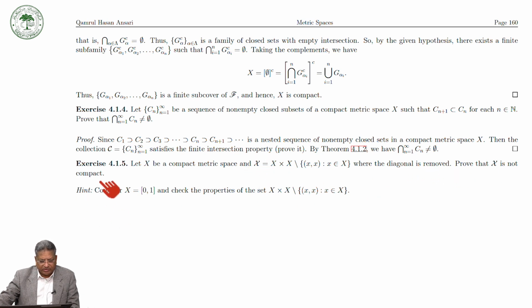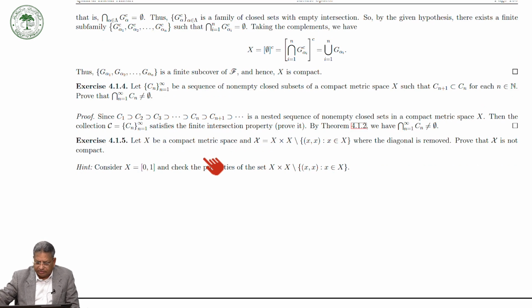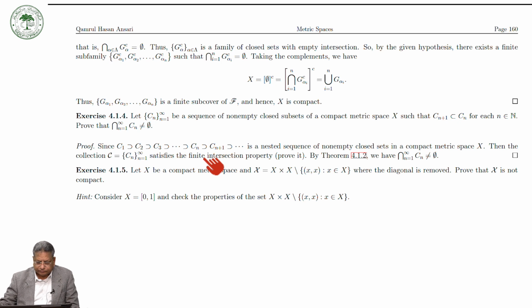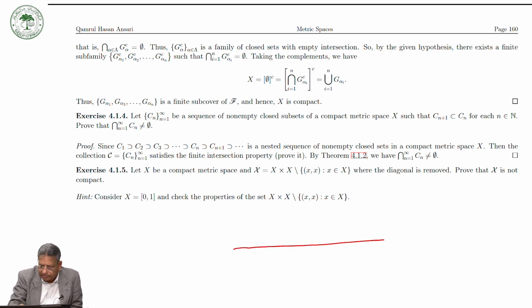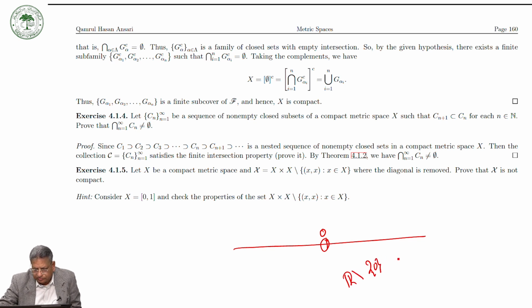First, let us consider the real line. Suppose you have the real line R, and this is your 0. Remove 0 from this real line, that is to say R minus 0. Can we say that this is compact?